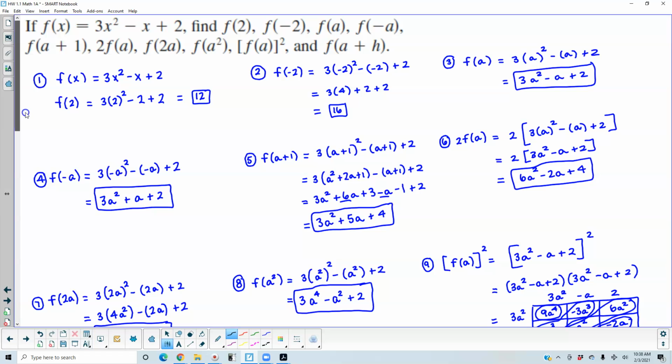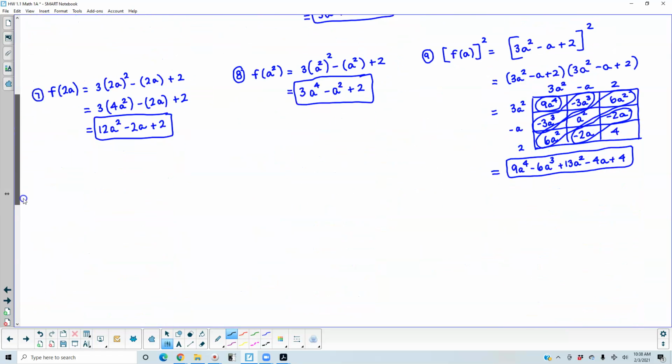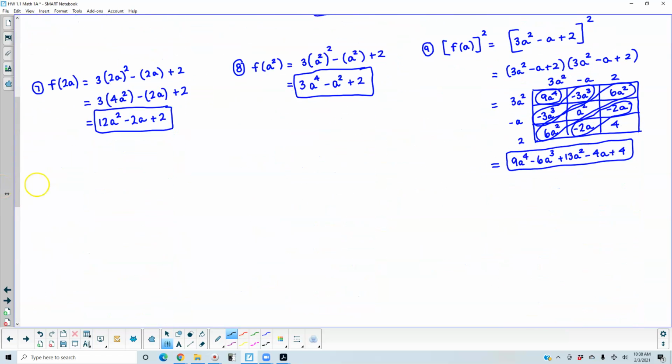Okay, and last one, I'm going to find f of a plus h. So f of a plus h is equal to 3 times a plus h squared minus a plus h plus 2.